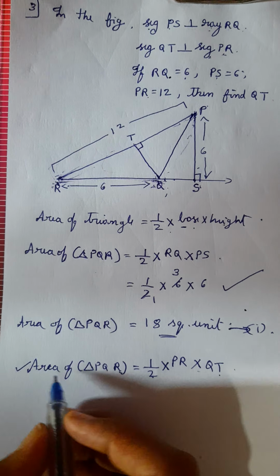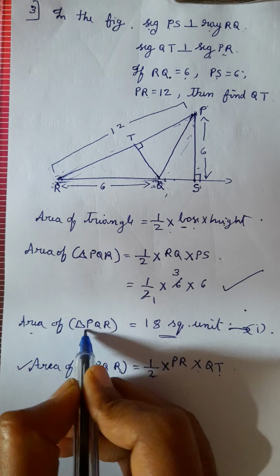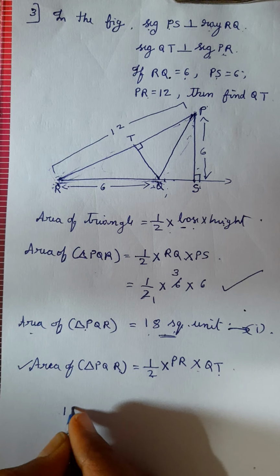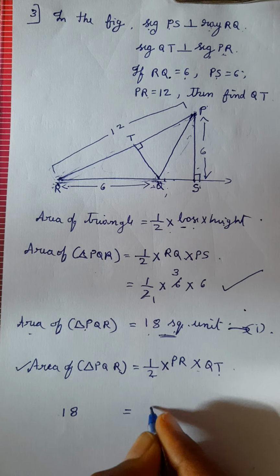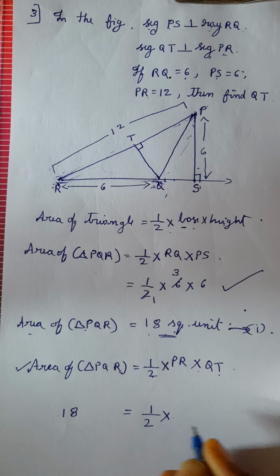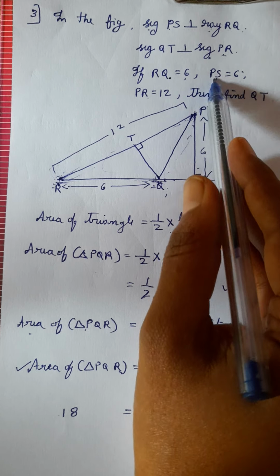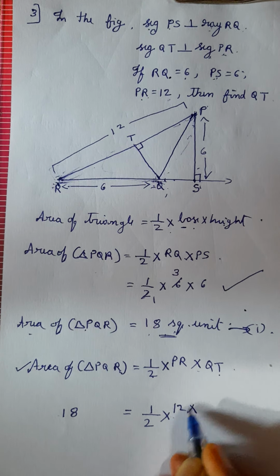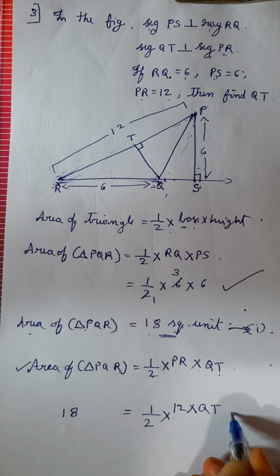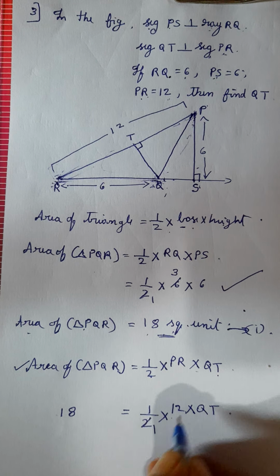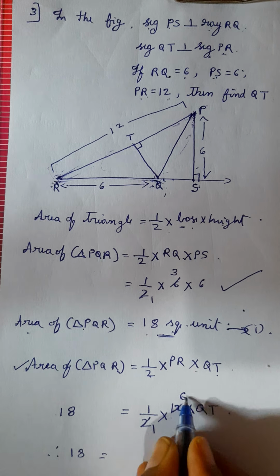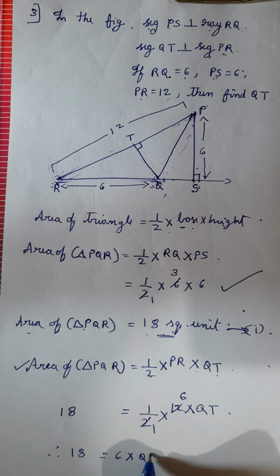Okay. Now in the next step, area of triangle PQR is already found, that is 18. So we substitute: 18 is equal to half into PR, whose value is given in the question, that is 12, into QT, not given, as it is. Now 2 ones are 2, 6 times. So therefore 18 is equal to 6 into QT.